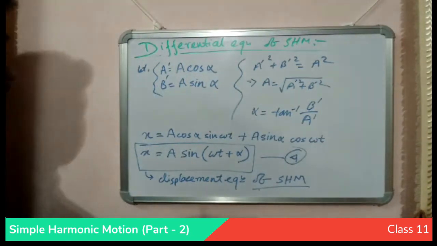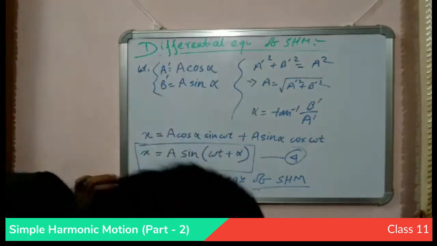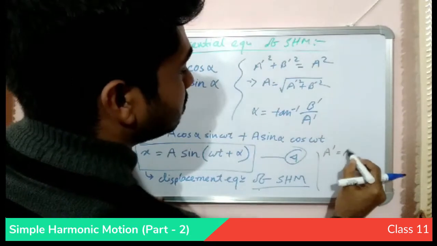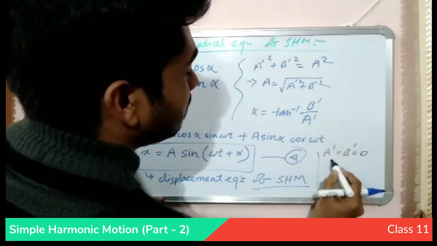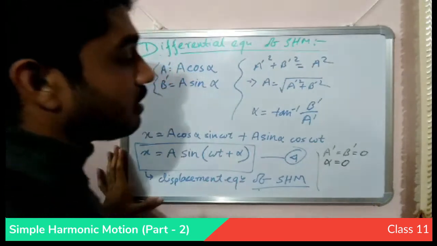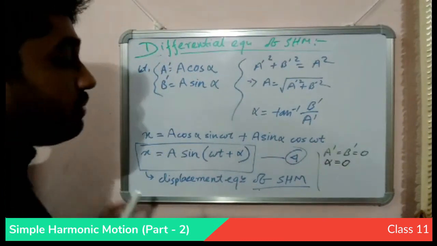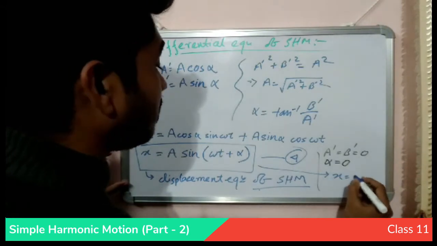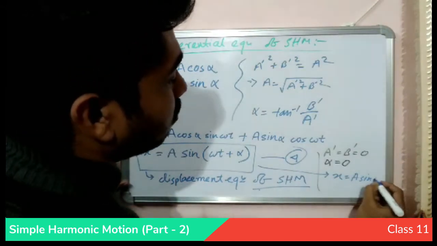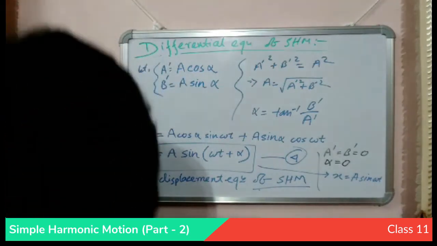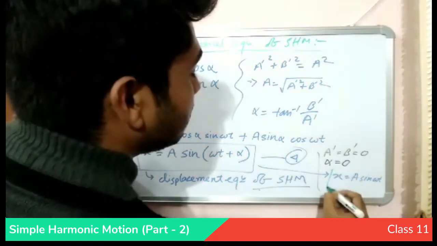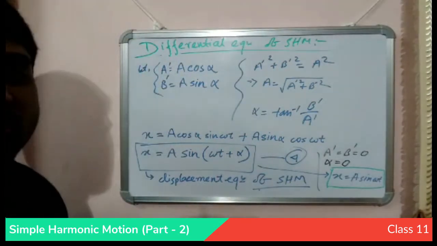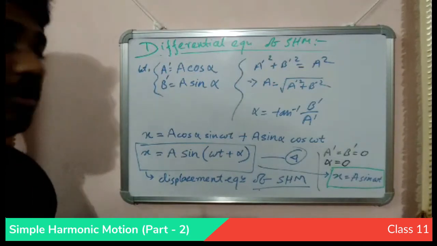And now if a prime equals b prime is equal to 0, then alpha is also 0, and if alpha is 0, this becomes x is equal to a sin omega t, and this is our simplest and worldwide remembered equation of displacement of SHM.